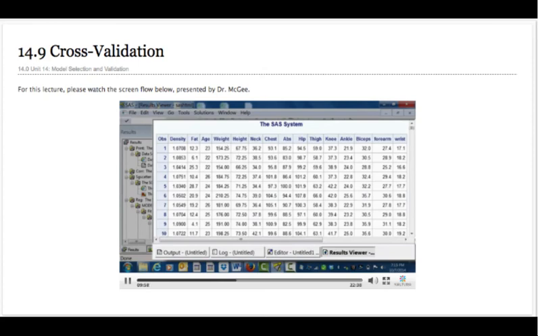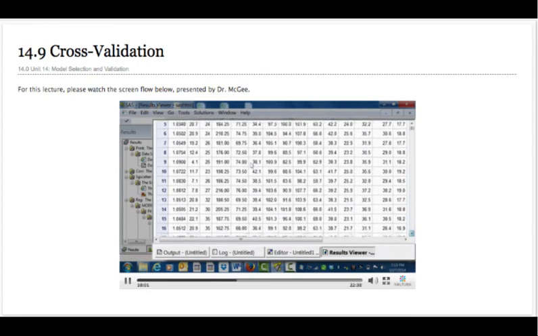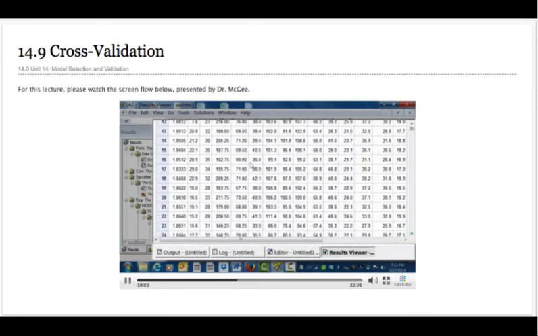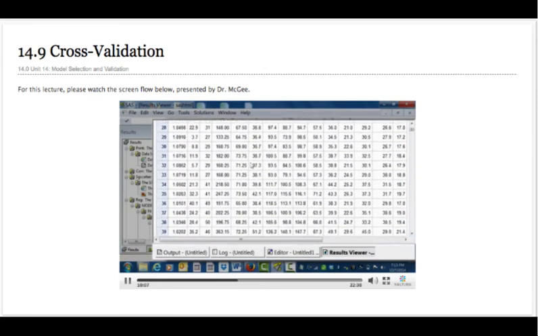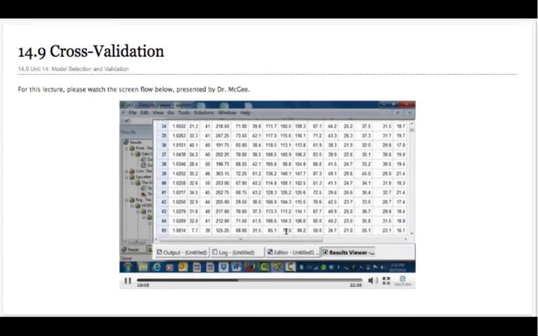So if I scroll down, again, I suppose what I could do is something a little more clever. 29.5, individual 42. All right, so that person, now remember also, we also already deleted 39.